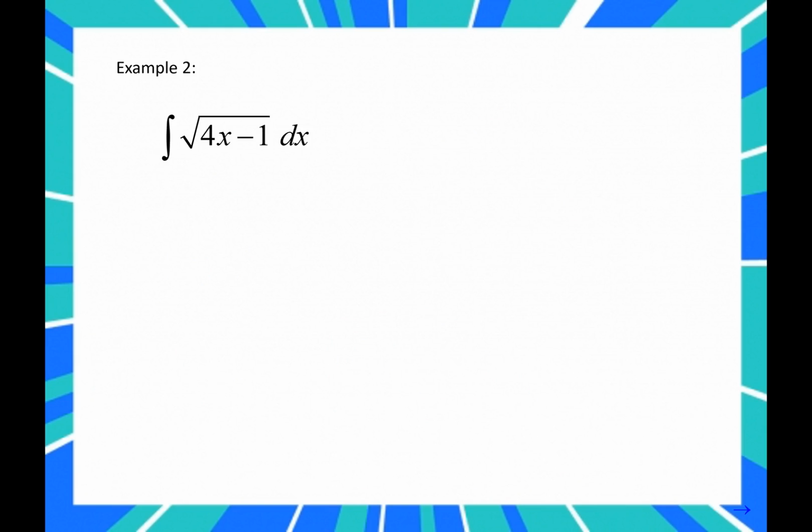All right, on this one here, we're going to let u equal 4x minus 1. And the derivative of u is going to be equal to 4, and then we're going to have a dx. All right, now I'm going to rewrite this as the integral of 4x minus 1 to the 1/2 dx. And so now I'm going to take u and replace it, because I know 4x minus 1 is equal to u.